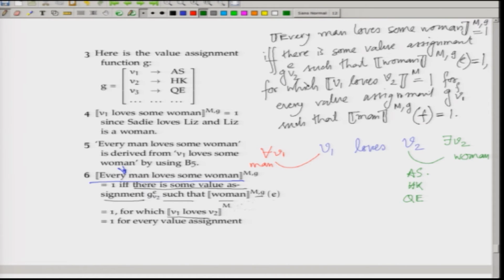and it is a case of, because this is some, it will be a case of or, H k or k r, and because it is a case of all, here it will be and. So, we have A s and q e and H k and k r.